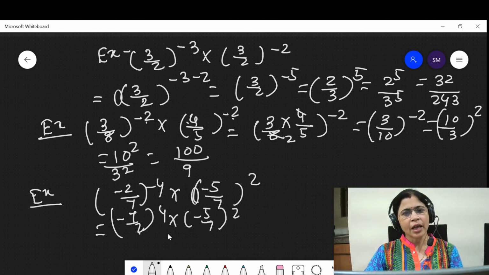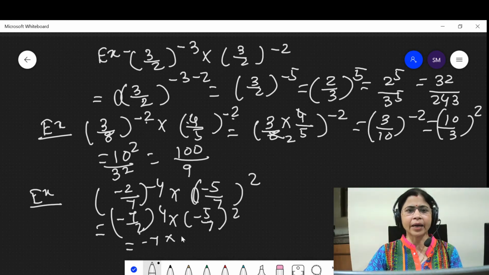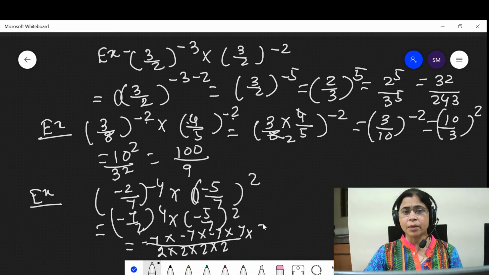Here the bases are different and the exponents are different. In this case, it is very easy to open the exponents and solve. (-7/2)^4 means multiply -7/2 four times. Then (-5/7)^2 means -5/7 times -5/7.